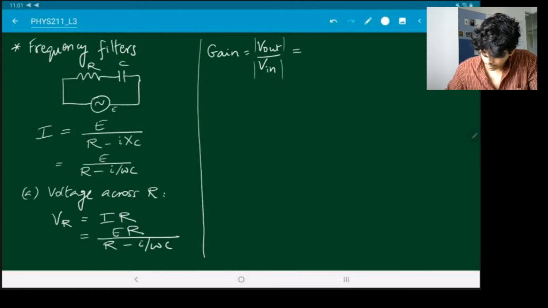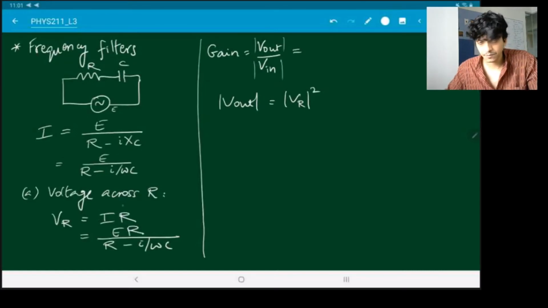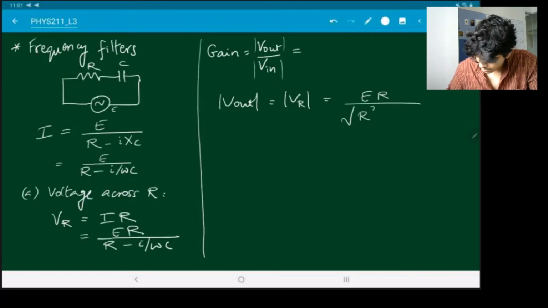Now, the output voltage magnitude is just VR, because I'm interested in the voltage across R. This turns out to be ER divided by square root of R square plus 1 over omega square C square.